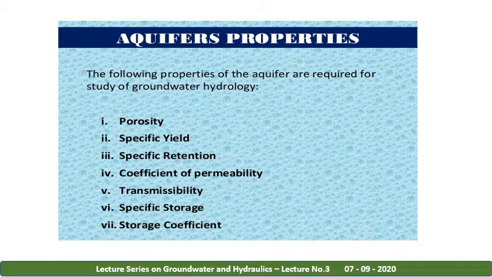Let's see one by one which parameters we are supposed to understand to know the ground level. This knowledge is required by the water, land and management department, as well as the groundwater department. These are all basic parameters which a civil engineer has to study.